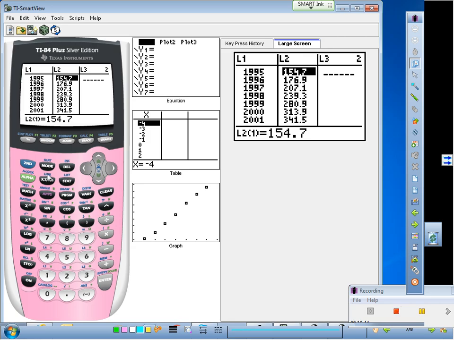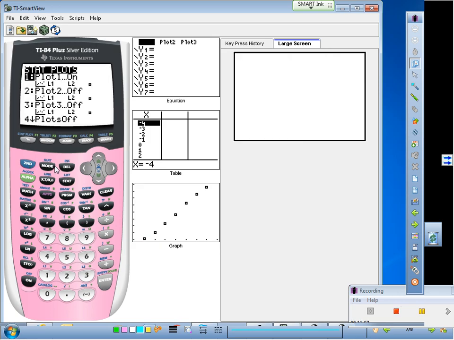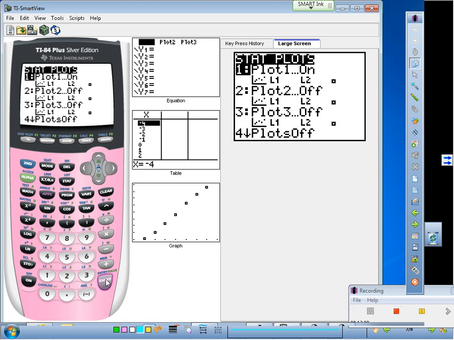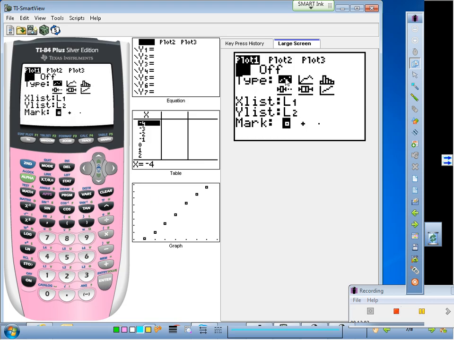Okay. So now if we wanted to do a stat plot on our calculator, we would go second and Y equals. We would choose number 1 and turn it on. You can choose your type of graph: a scatter plot, a line graph, a bar graph, box and whiskers. We're doing a scatter plot. My X's are in list 1 and my Y's are in list 2.